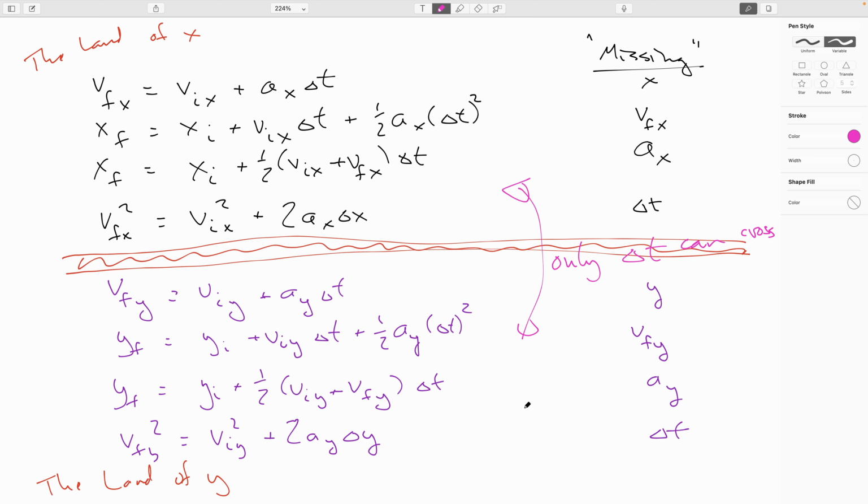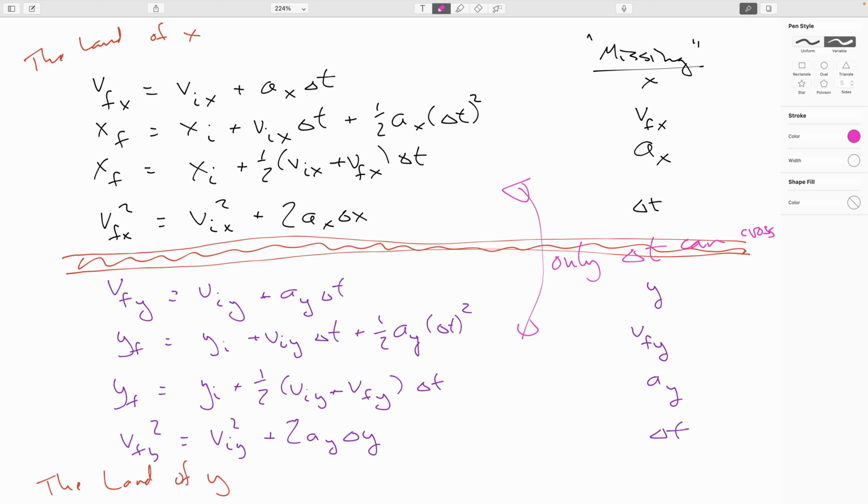And if you're missing more than one variable, that means you don't have enough information yet. But you can go to the other land and solve for the time, because if you have more than one piece of information missing, one of the pieces missing will be the time. I would say probably 95% of the time you would solve for the time in the land of y, and then have to send that information back to the land of x, but about 5% of the time it cuts the other way.